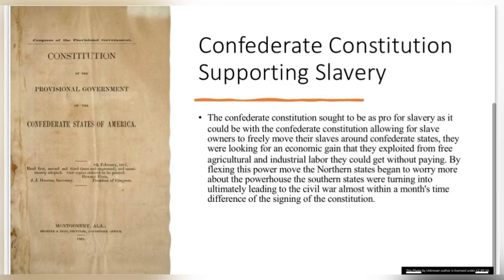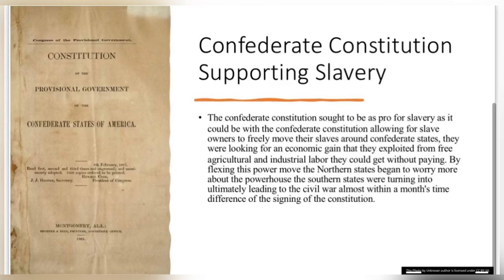This part of the Constitution was basically them flexing the powers that they have to the Northern states, and the Northern states began to worry more about the powerhouse that the Southern states were turning into.